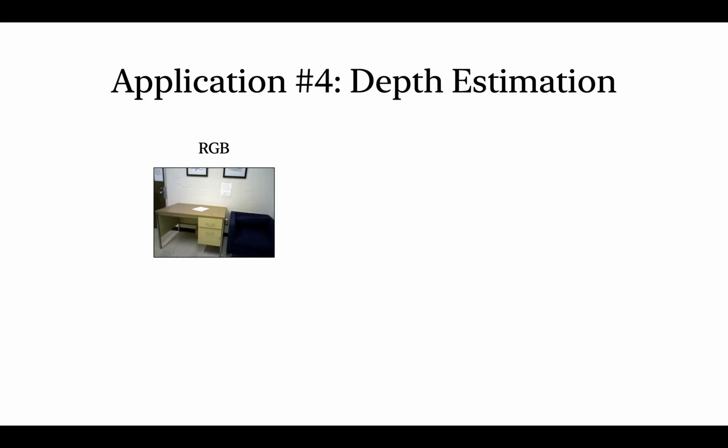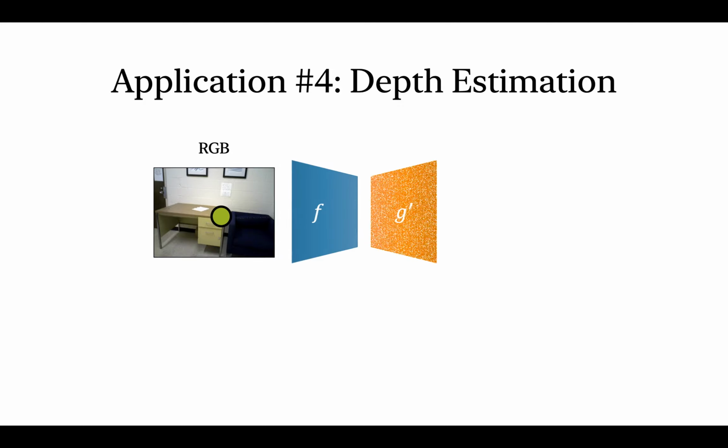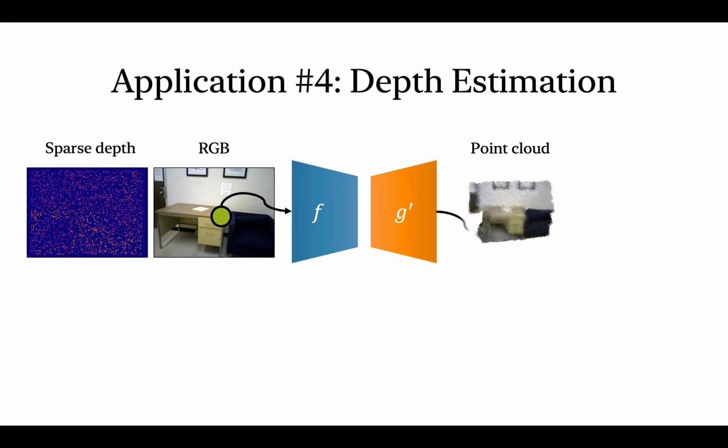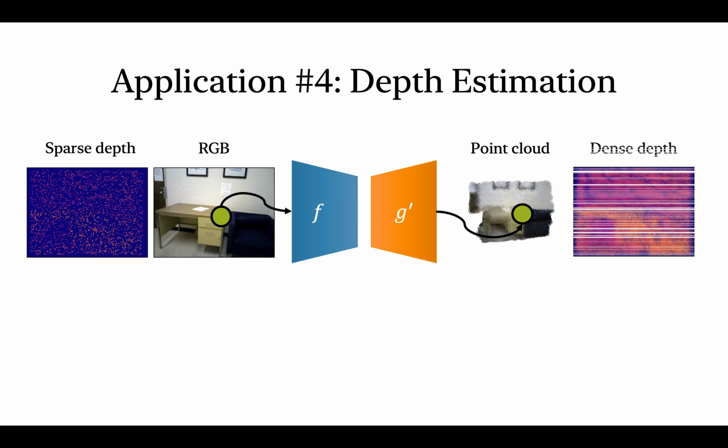From these 2D patches, we first encode them using the 2D encoder F and decode using the 3D decoder G prime to reconstruct the local point clouds. We assemble these local point clouds into one coherent point cloud with the help of sparse depth samples. Finally, the dense depth prediction is calculated by projecting the dense 3D point cloud back to the image plane.